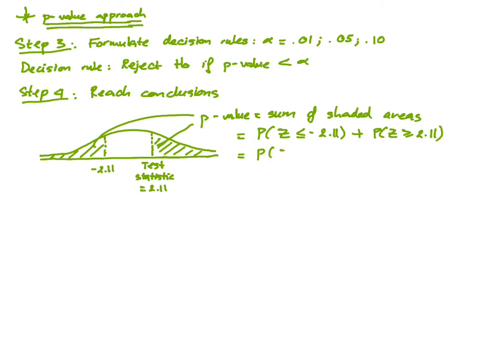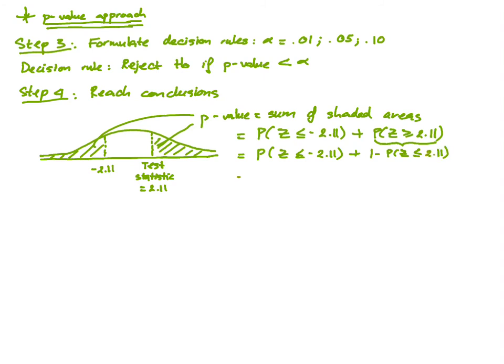The first term is fine. We just want to keep it as is. The second term, we want to flip the inequality in order to use the table. So this is going to be 1 minus the probability that z is less than or equal to 2.11.